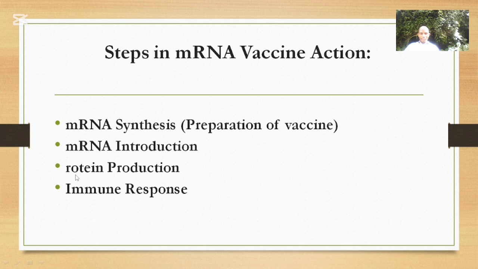Then the following is protein production. It means that messenger RNA will be translated into the protein which looks like the protein of the virus or other pathogens. The next one is the immune response. Automatically, when that protein is produced, it will induce the immune response. And the last one is memory cell formation.